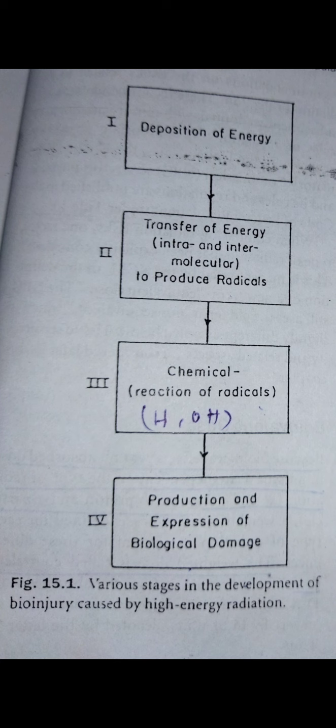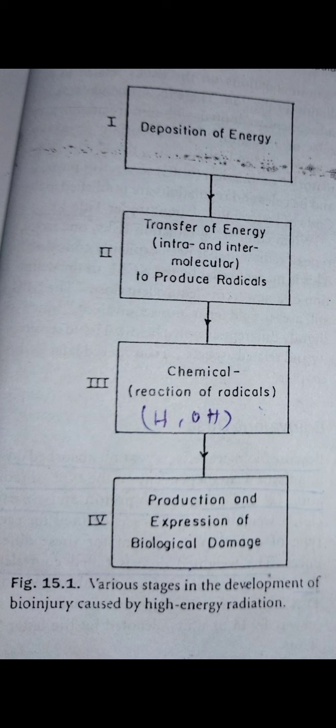Because water constitutes 75 to 85% of the mass of a living system, most of the ionization produced in the water will be in the form of the two most common radicals, H and OH.